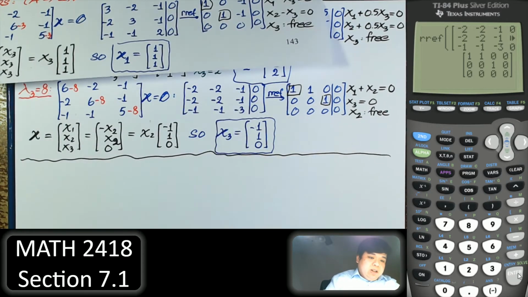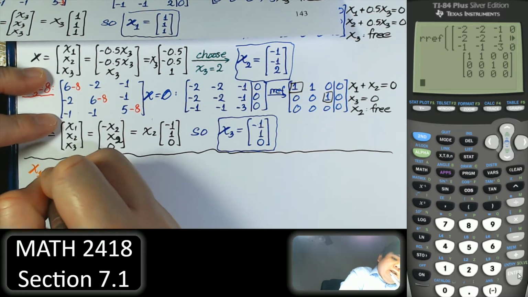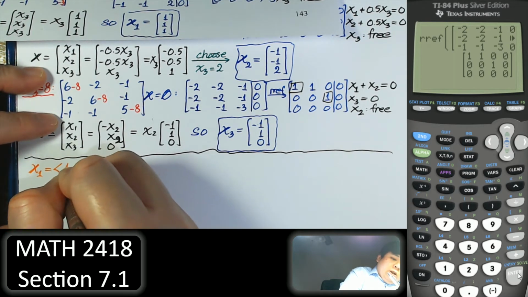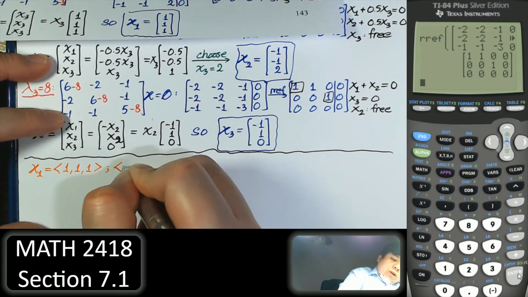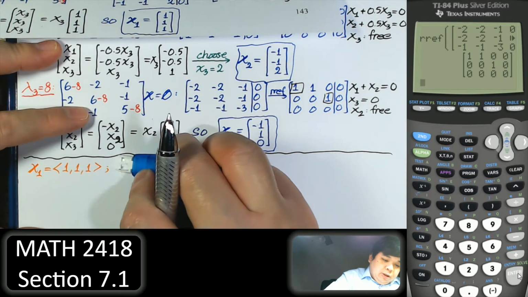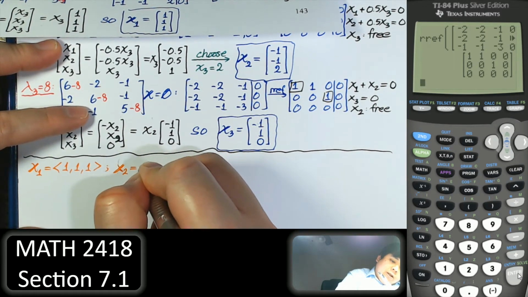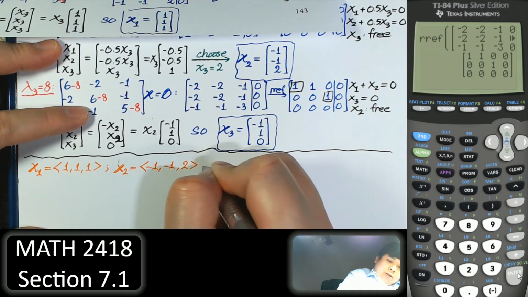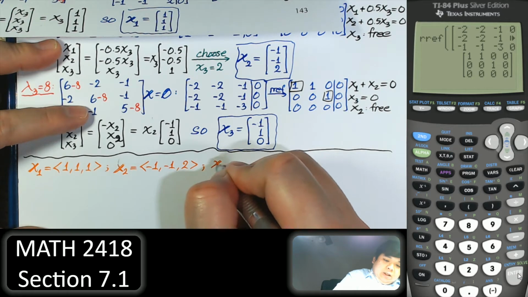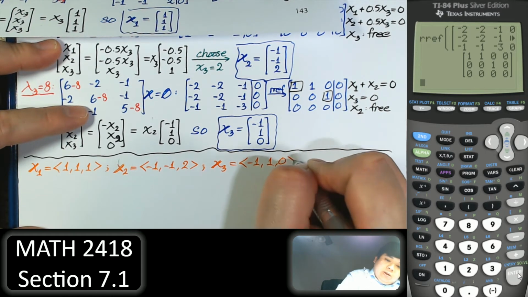Now let's just write the three eigenvectors. x1 is 1, 1, 1. x2 is -1, -1, and 2, and x3 is -1, 1, and 0.